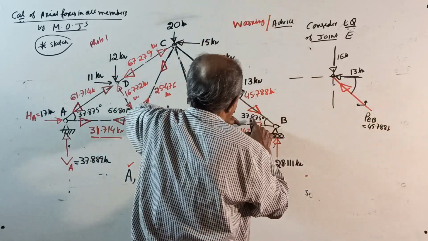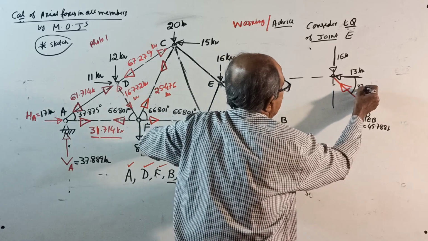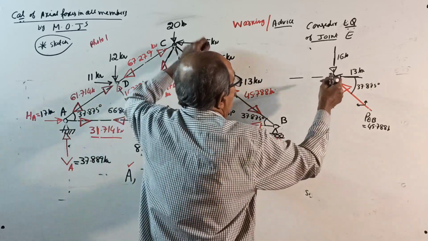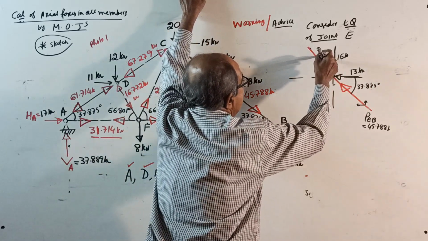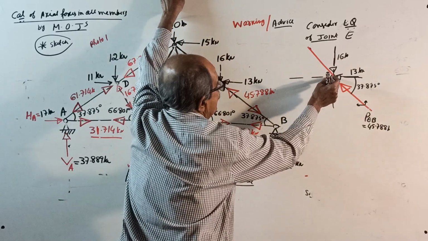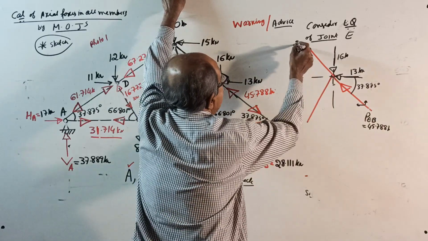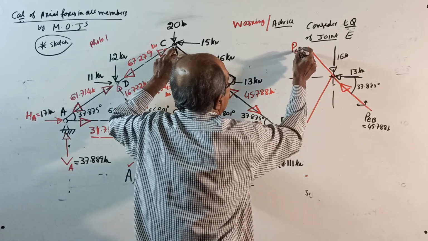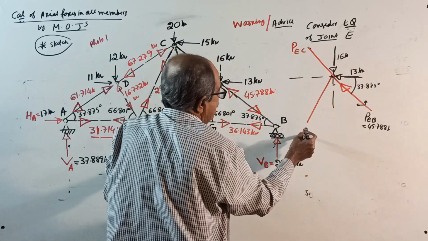The angle for that is 37.875 degrees. Now, one unknown is along the same line. See, the other unknown is this way. This is PEC. This is PEG.